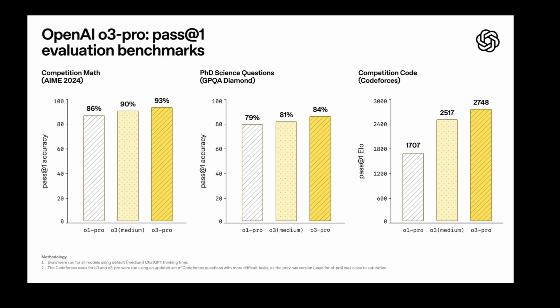And the crazy difference is when it comes to the coding competition. In Codeforces, the Elo of O3 Pro is around 2748, and for O3 Medium not so far, 2517, but for O1 Pro it's just 1700. So when it comes to coding, O3 Pro is going to be an absolute beast.